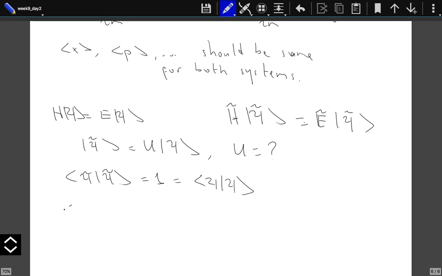And what else do I know? I want the expectation value of x to be the same whether I evaluate it in psi or psi tilde. So this tells me that x should be equal to U dagger x U. So this U should also commute with basically x, the position.